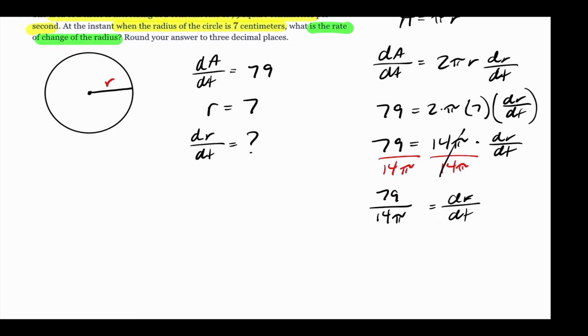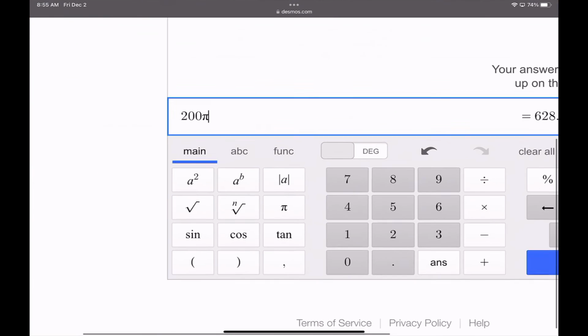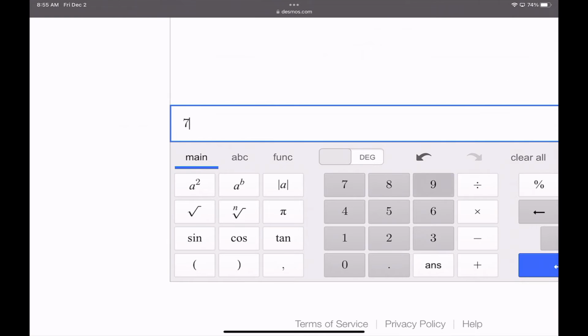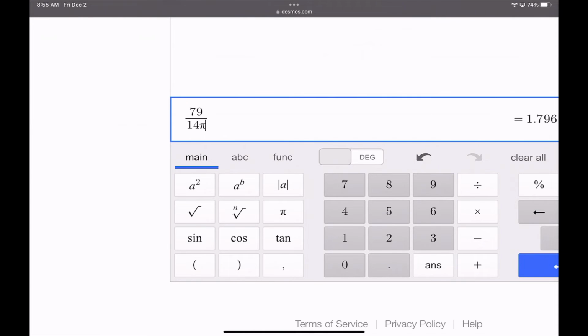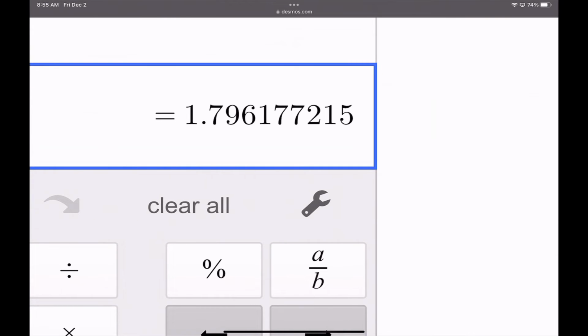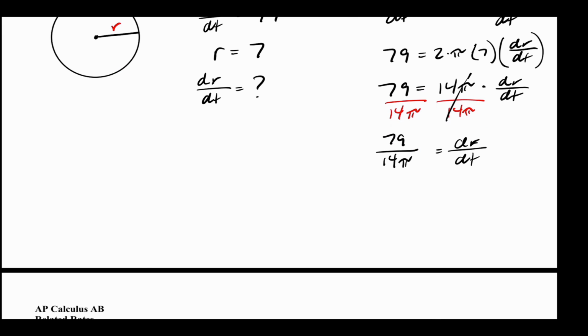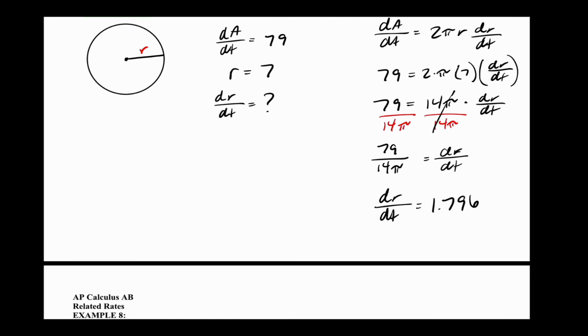Okay. So when I put it in my calculator to approximate it, 79 divided by 14 pi, to 3 places, is 1.796. So we say dr/dt equals 1.796.